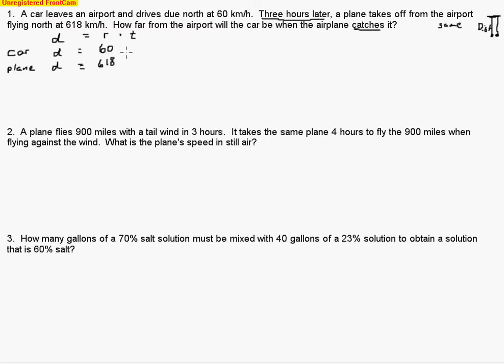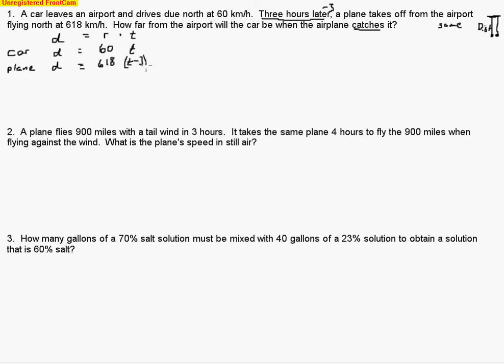So we don't know how long the car is driving for, so let's call t the time the car is driving for. Well, the airplane is going to be 3 hours after, so later means minus 3 from the amount that we already have, which is a variable in this case. So it's going to be t minus 3.